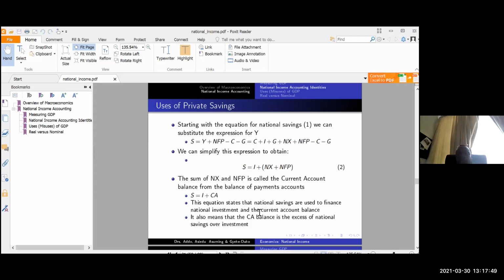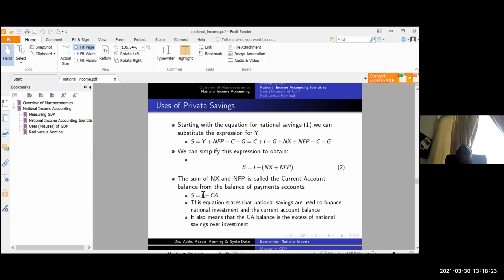The high savings level helps them to invest in the economy, and it helps them to finance export activities. So the current account can even have an excess. It also means that the current account balance is the excess of national savings over investment.